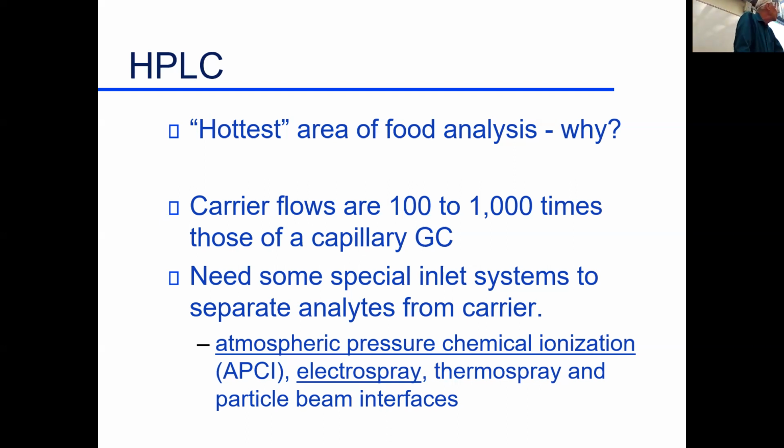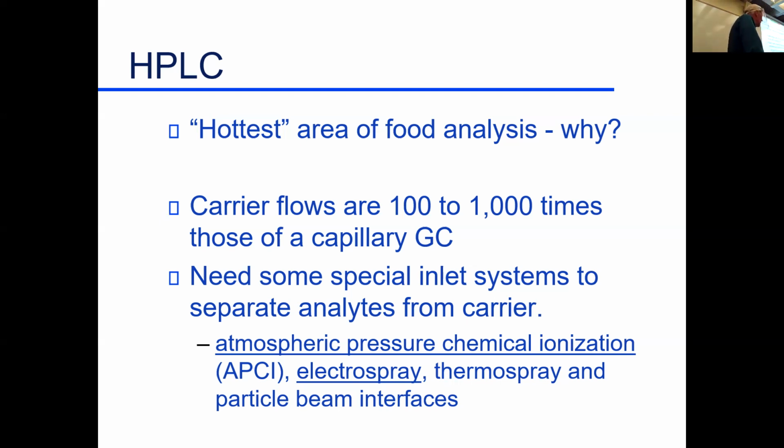It doesn't compare at all to gas chromatography. So we need to depend much more upon that detector to be specific. So instead of separating things completely, well, partial separation, a little bit of separation is adequate. So it's really turned HPLC into a much more powerful, a much more useful technique than it was in the past. Being able to have a detector that has the kind of capabilities that mass spec do.